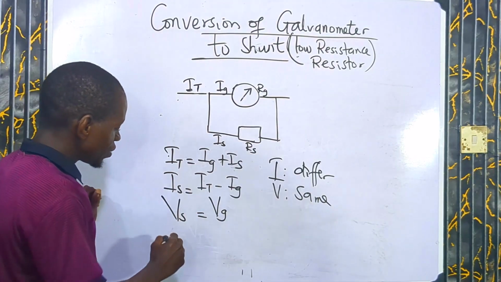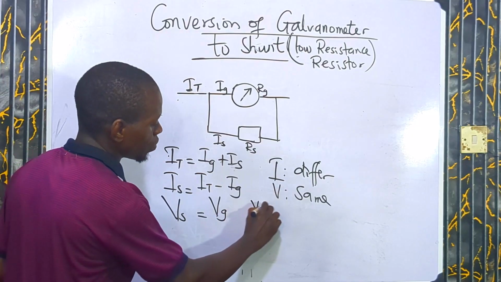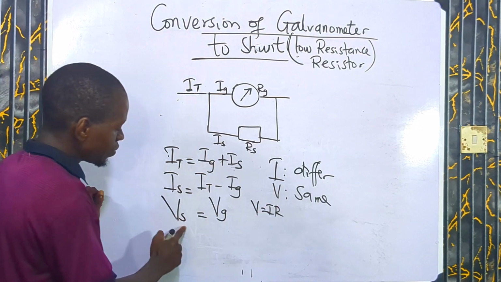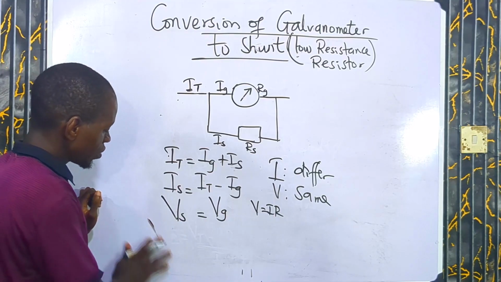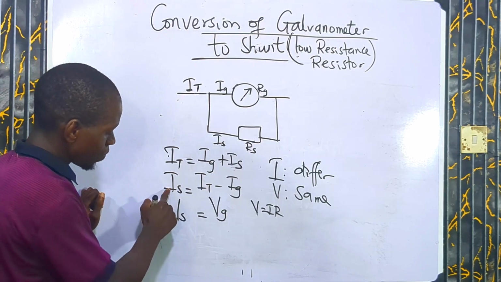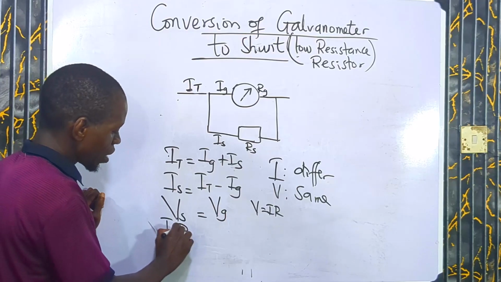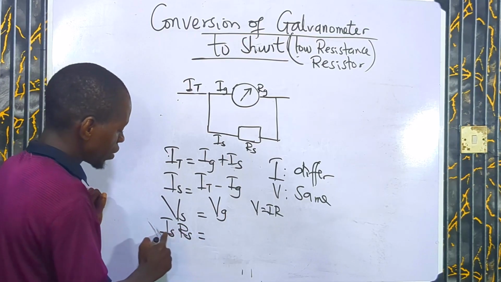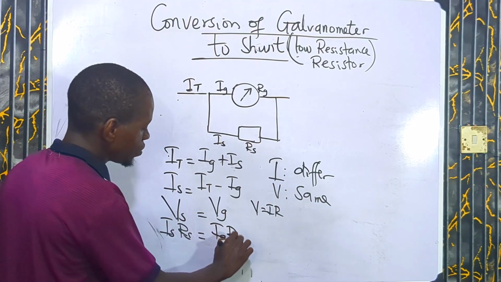Now, since I have known that, what will I say? According to Ohm's law, I remember that my V is equals IR. Now, since it's all about shunts, I'll just say that IS RS is equals IG RG.